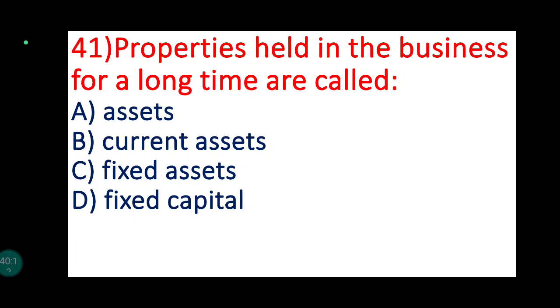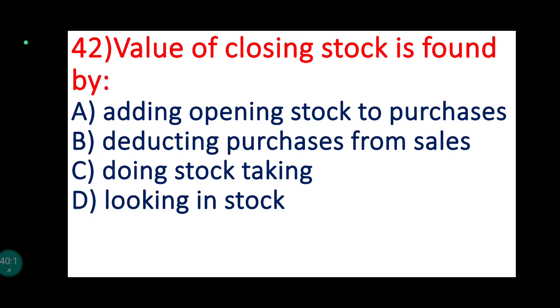Point number 42. Value of closing stock is found by. See students, to calculate cost of goods sold, business needs to find the value of the stock, right, of unsold goods, that is closing stock. Now this cannot be discovered by just looking at the bookkeeping records. How we will come to know just looking to record that how much goods are left unsold?